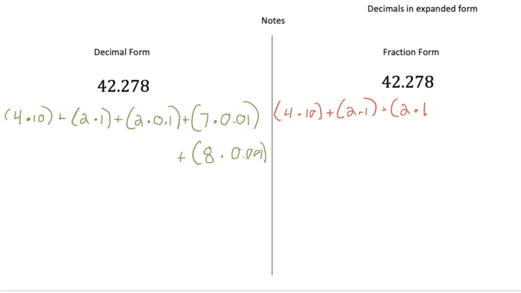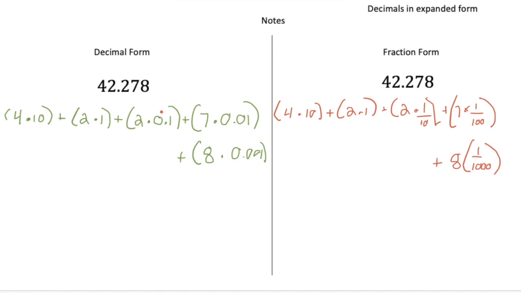So it's going to be 2 times a tenth plus 7 times 100th. And then finally down here, plus 8 times 1,000th. And there it is. Okay.